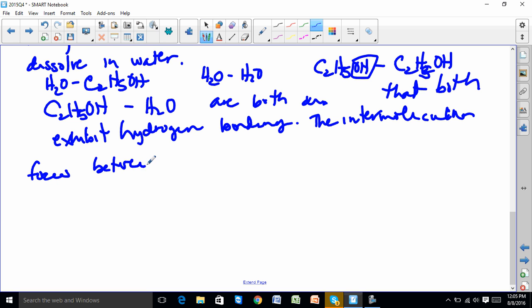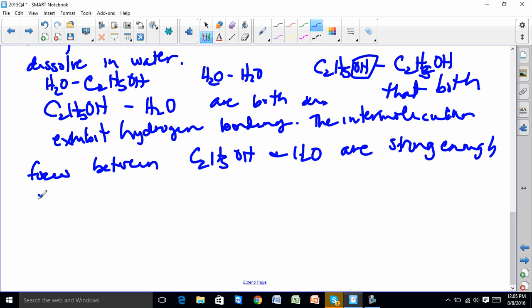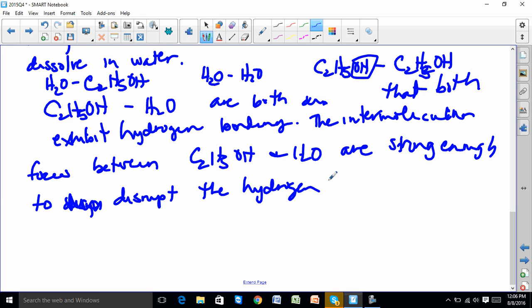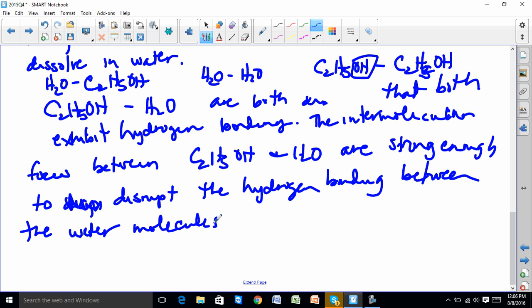between C2H5OH and water are strong enough to disrupt the hydrogen bonding between the water molecules and the ethanol molecules.